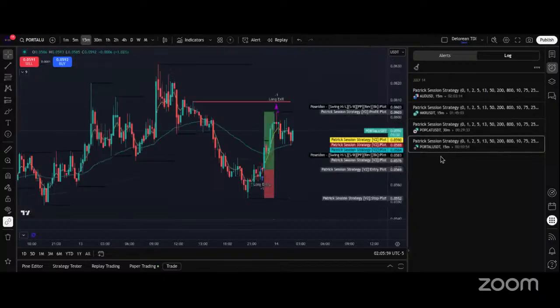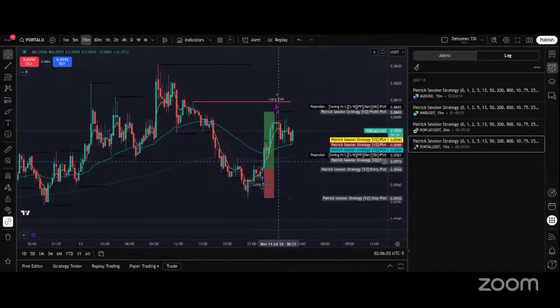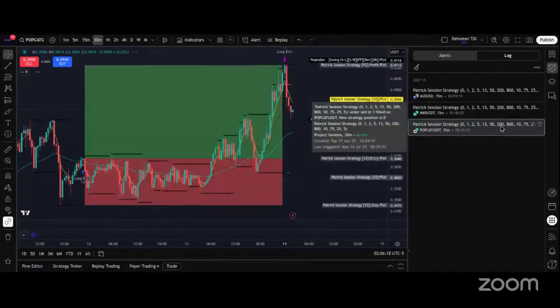We have Portal USDT. Very quick move. About an hour and 15 minutes to take profit. This trade is already completed. We have PopCat USDT on the 30-minute.